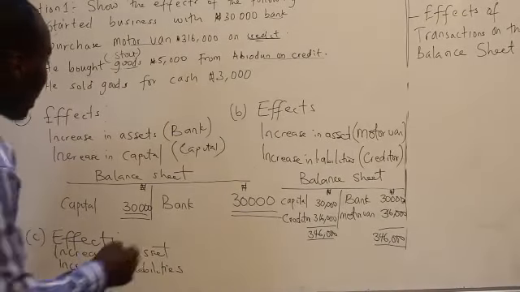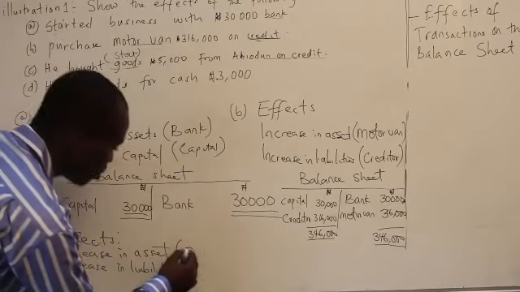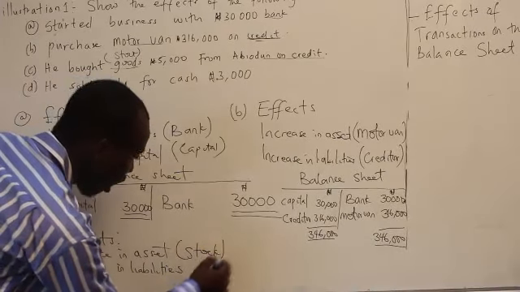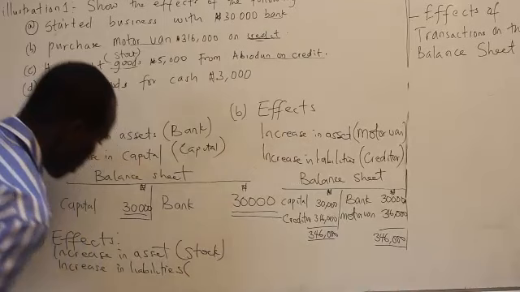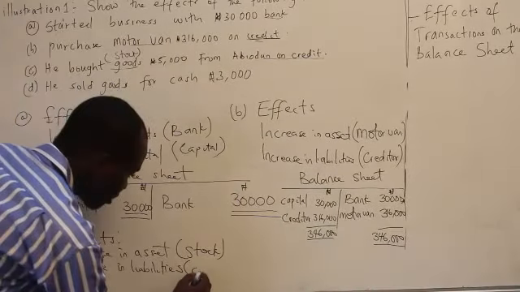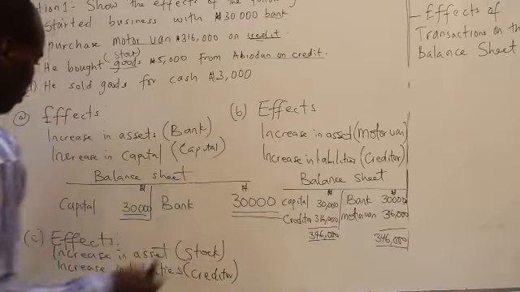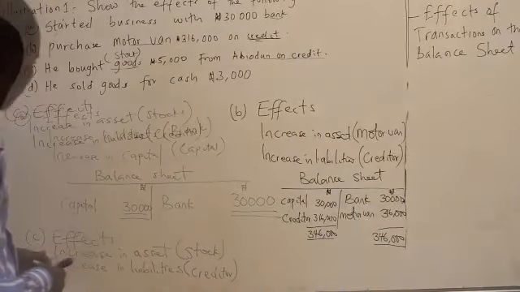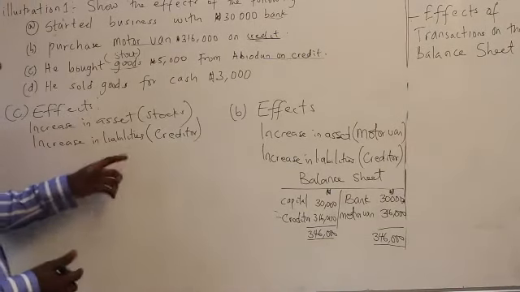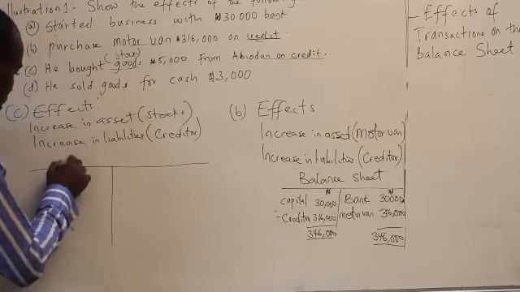The increase in assets is the goods coming into the business, which is referred to as stock or inventory, while the increase in liabilities is the creditor in respect of Abiodun. So the effects on the balance sheet will be as thus.